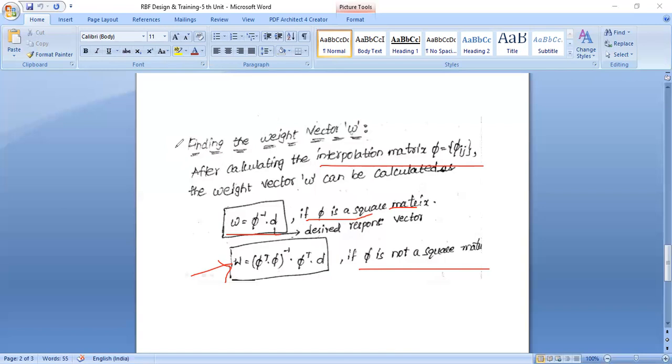So our training of the RBF network depends upon two parameters: one is W, the second one is C, the centroid. Okay, this is your RBF network design and training concept. Thank you.